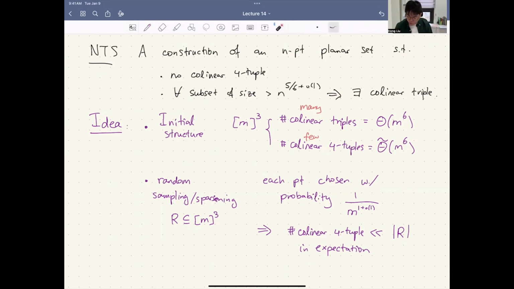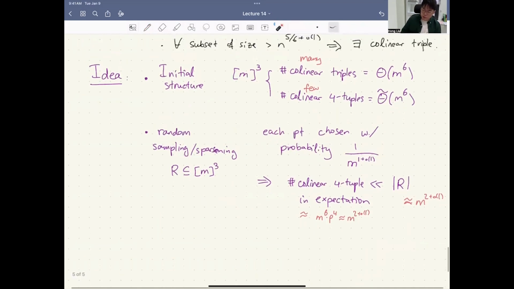Because what is the random set R? This is roughly m to the 2 plus little o 1. You multiply by 1 over m. What is this? This is like this times p to the 4. This is roughly m to the 6 times p to the 4. It's also m to the 2 plus little o 1. So if you're careful with this plus little o 1, this is a lower order term.